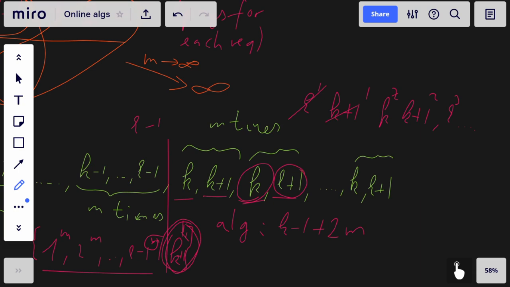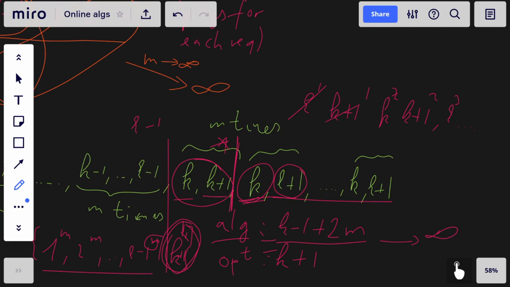So that's a bad input, because again the optimal solution would discard at this point the 1. And then, since both k and k plus 1 are members in the cache, we won't pay anything for this part. So this is again k plus 1, and again the ratio is something like this, which tends to infinity if we let m loose.